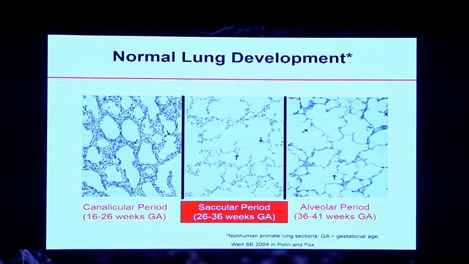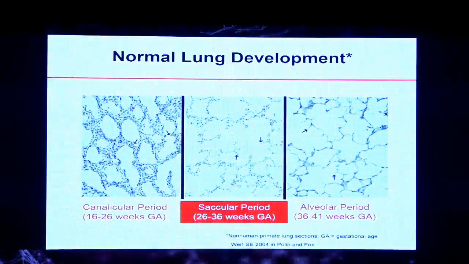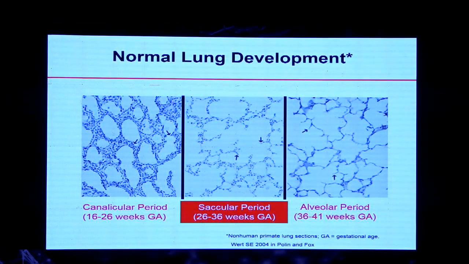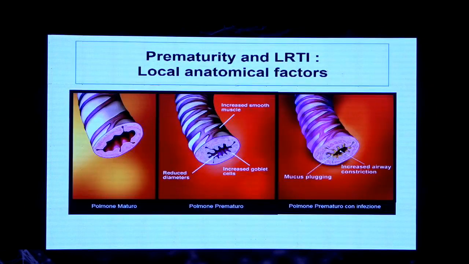Let's keep in mind that our premature neonates mostly are born during the saccular period of development of the lung. So those being born already in the alveolar period are usually older than 36 weeks of gestational age. And this implies that anatomically, lungs, bronchioli, and alveoli are more immature, both in terms of development and in terms of size.